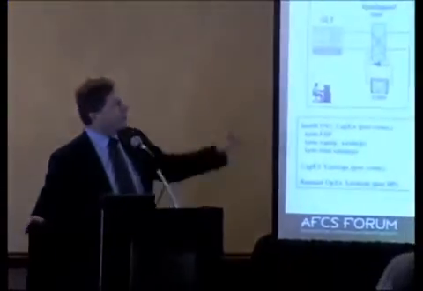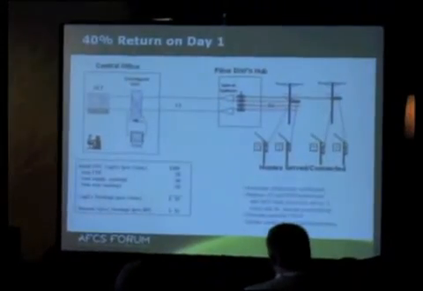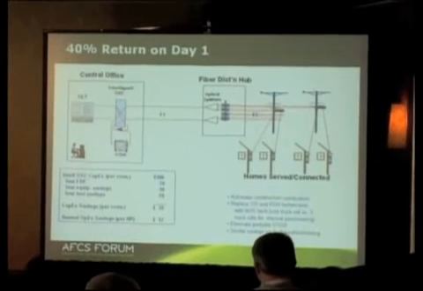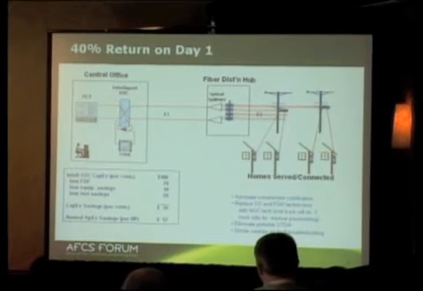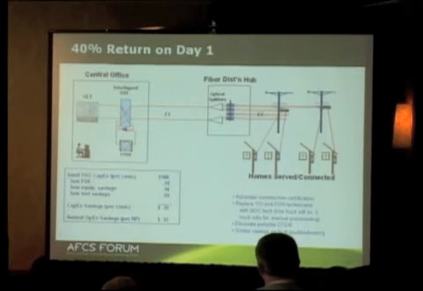And then there's annual operational savings that occurs after that. But on day one, a 40% rate of return on the deployment cost of the fiber distribution frame. So that answers some of your concerns about what this is actually going to cost. It is something that does start to return on the capital basis almost immediately.